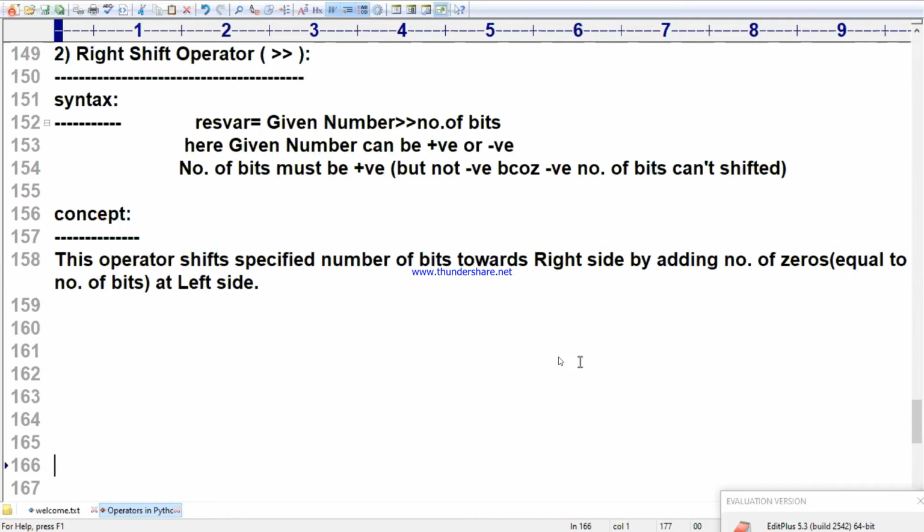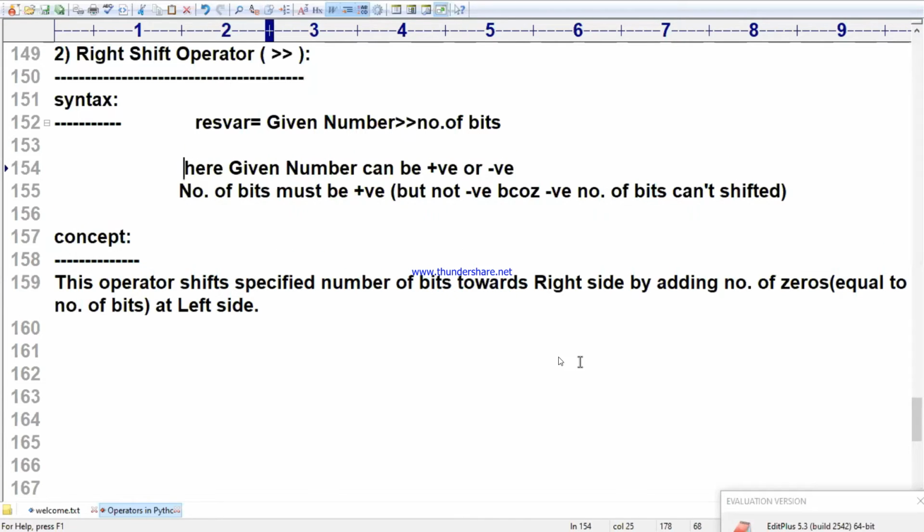Clearly write it. Syntax also written. There you specify. Clearly write down.